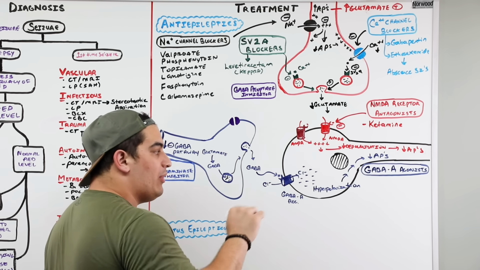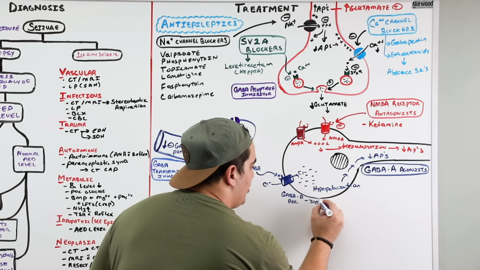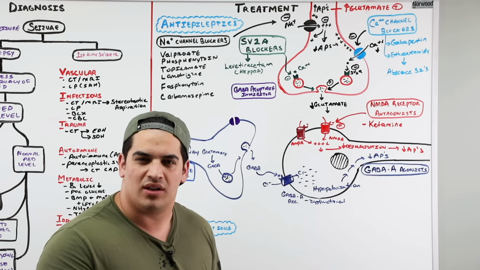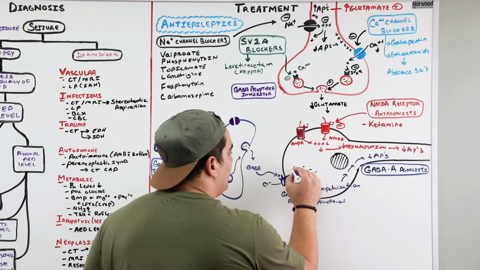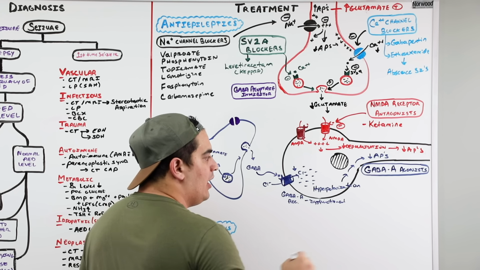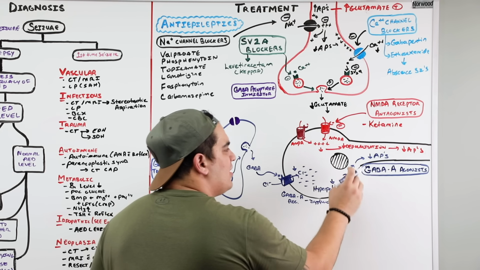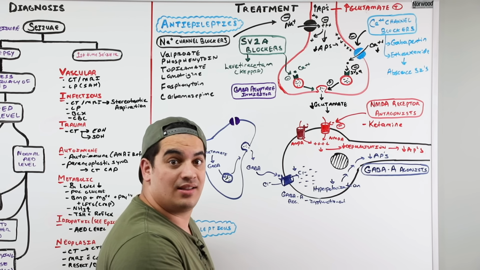The problem with someone having a seizure is that these GABA A receptors were in some way, shape, or form either dysfunctional or not as responsive as they should be. Because of that, there was decreased chloride ions coming in. There was decreased hyperpolarization, and if your cell's not as negative, what does that mean? It's more positive.